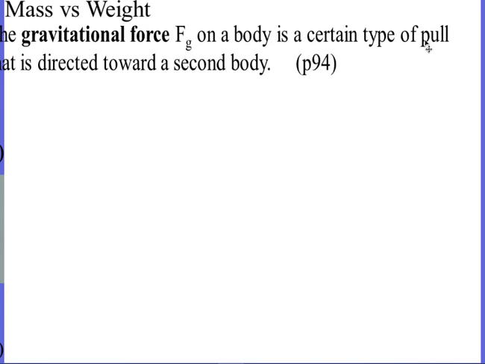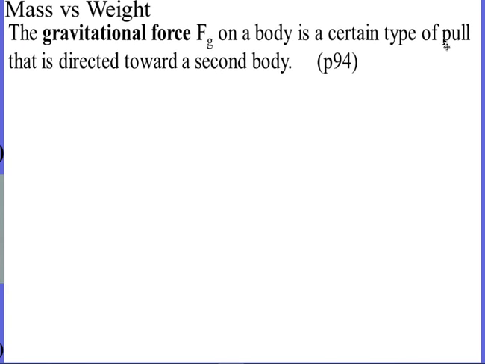And what they tell you in the book is that gravitational force is not the same thing as weight. That is unfortunate. That is perhaps true, but I find that unfortunate.